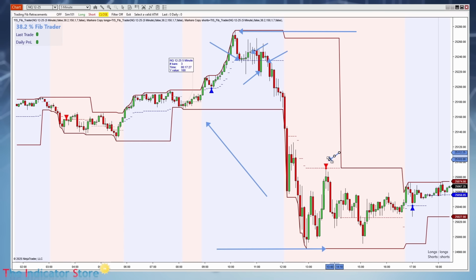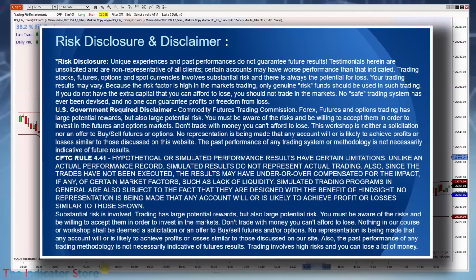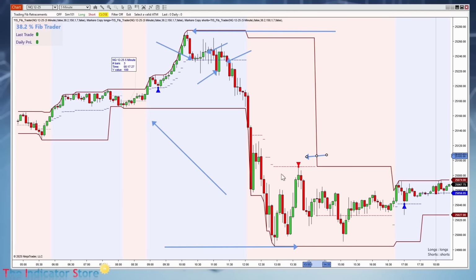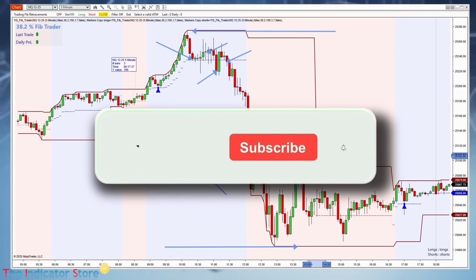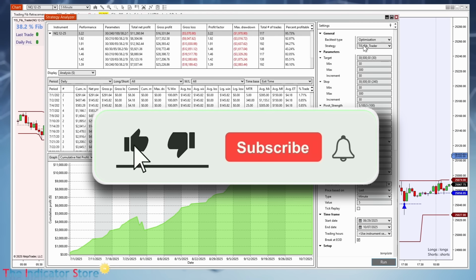Here we can see that we have the triangles are from markers, the copied versions of the signals, and it is also including the strategy. If you want to use the strategy analyzer, you need to use the strategy included.